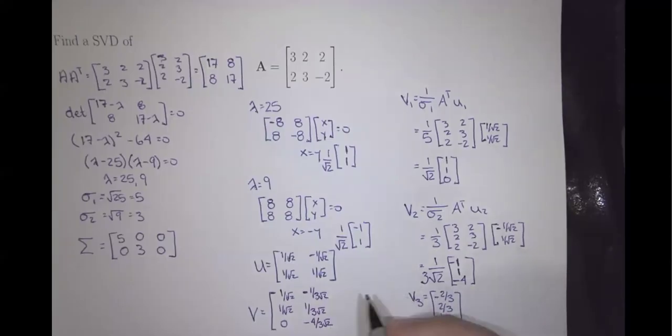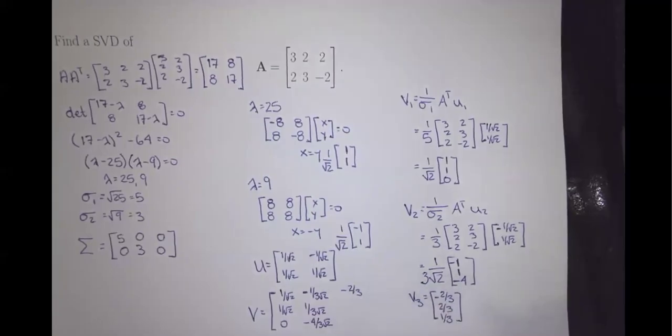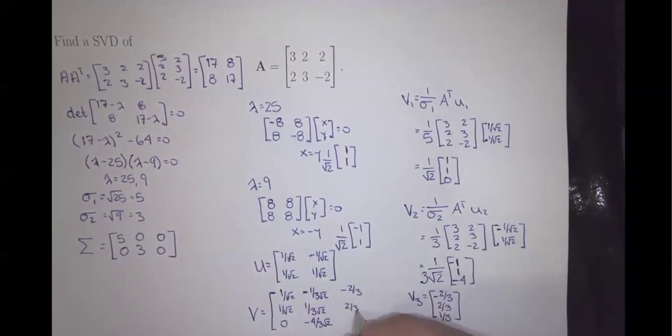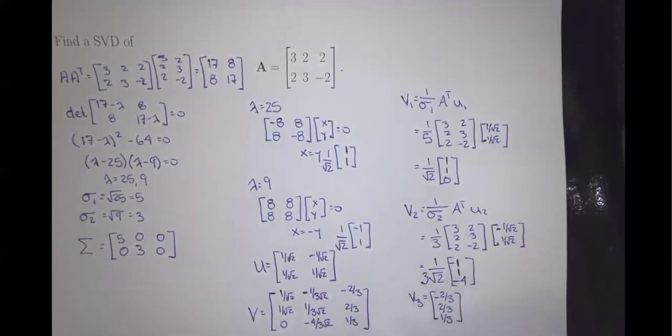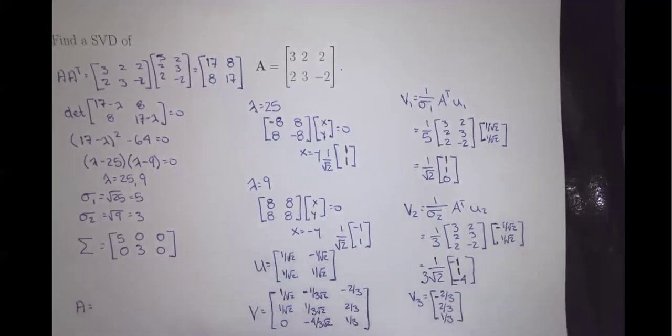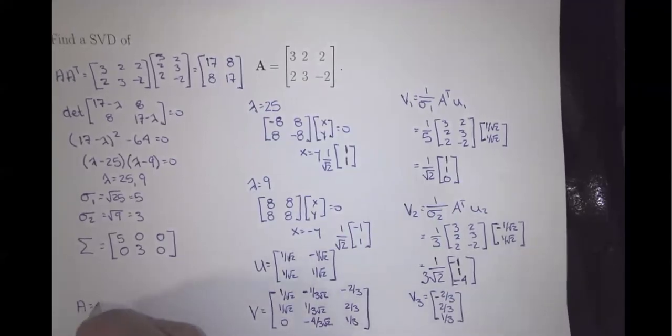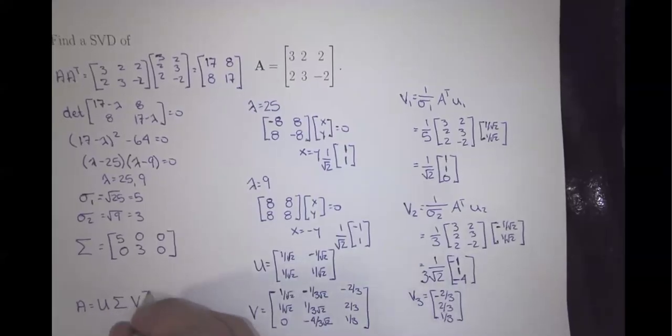And then -2/3, 2/3, and 1/3. And indeed, if you multiply these matrices together, you're going to find that A is equal to U sigma times V transpose.